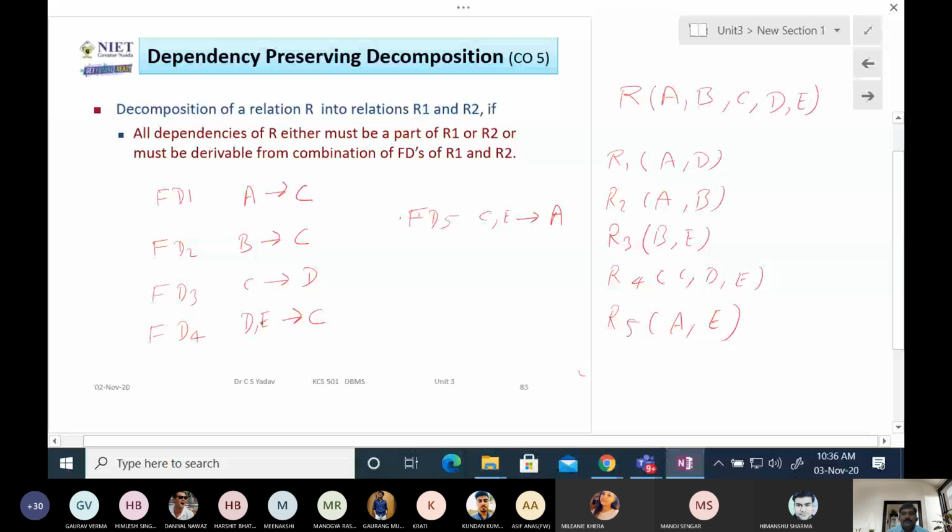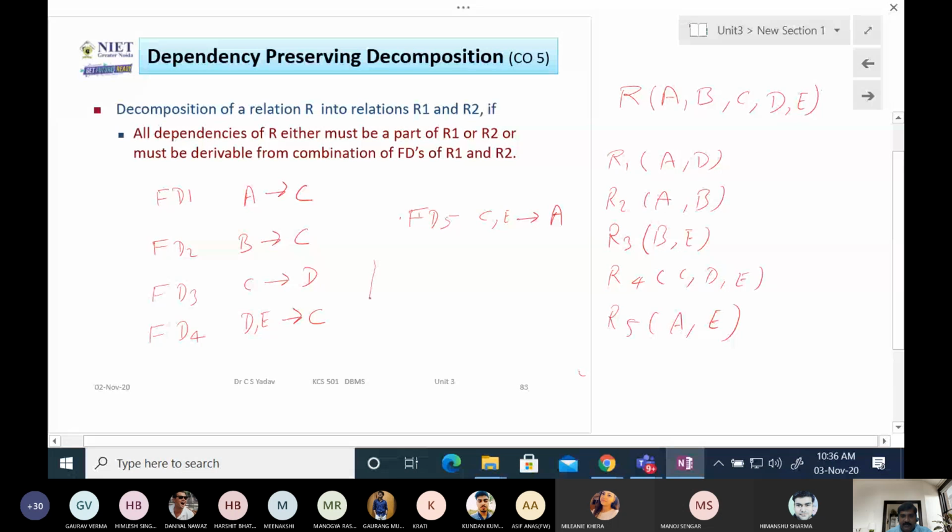And if any of the rows contain all A symbols, then it is a lossless decomposition. Please do it. Still 4 minutes are left. Please do it and tell me the answer whether it is lossless decomposition or lossy decomposition.